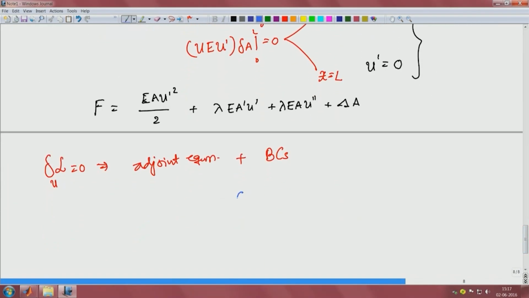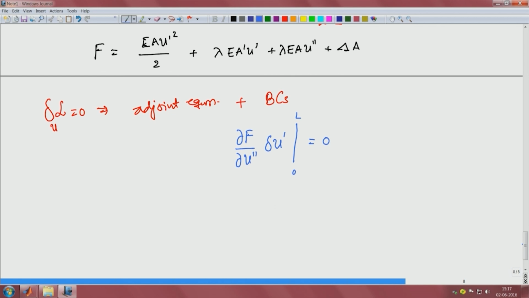Those boundary conditions will be this. That one will be ∂f/∂u'' times δu' is equal to 0.